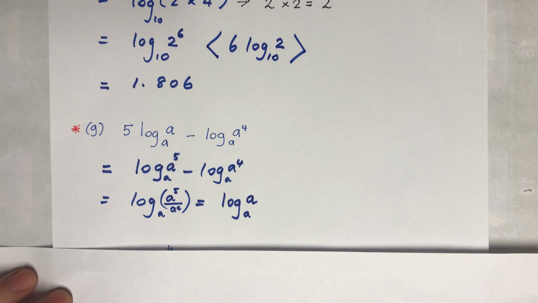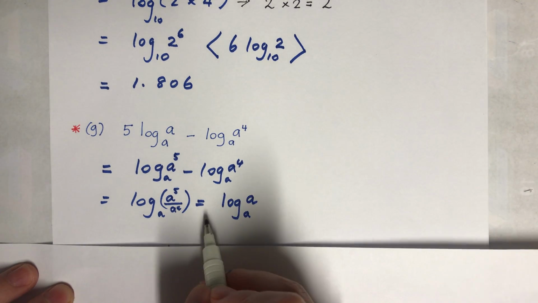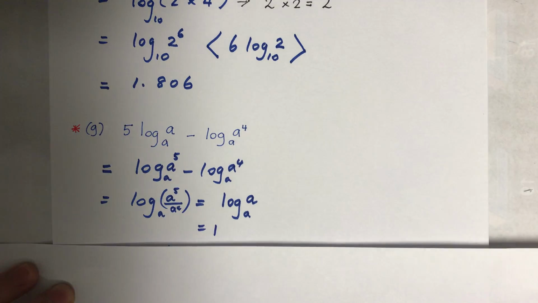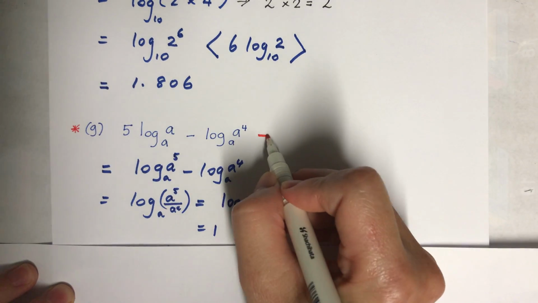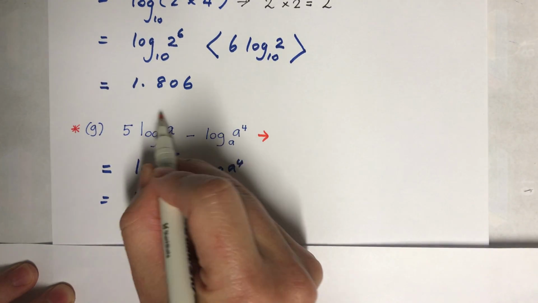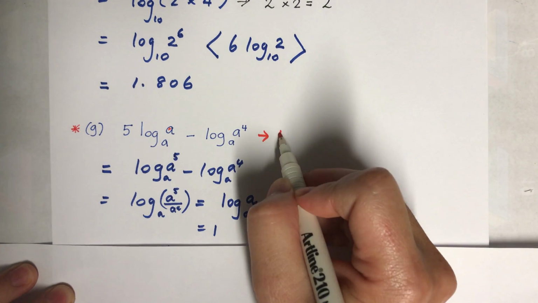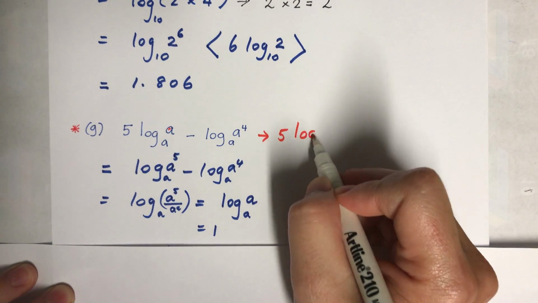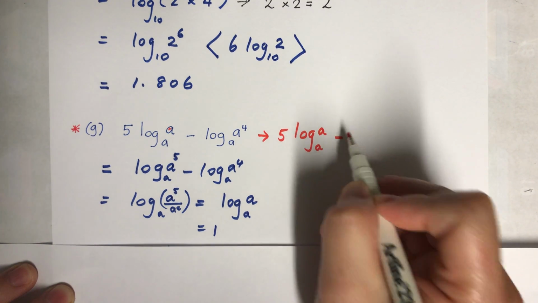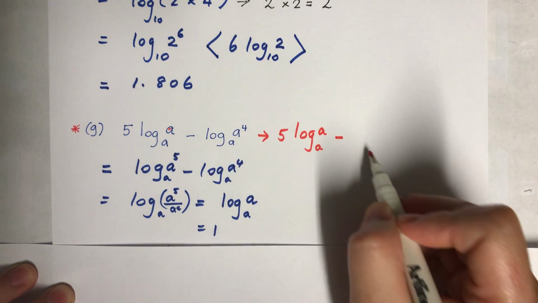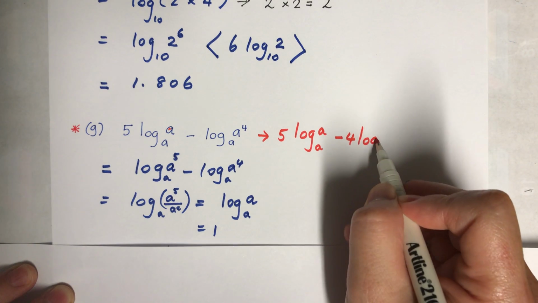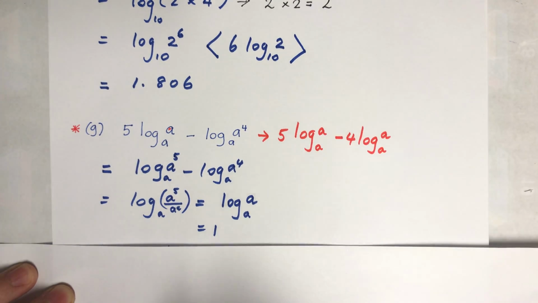What's that? That's going to be 1, isn't it? Now another way I can do this, as you can see here, that's 1, isn't it? Because the base and the answer are the same, it's 1. So I can just write it like this. And also I'm going to move this forward to the front, like that.